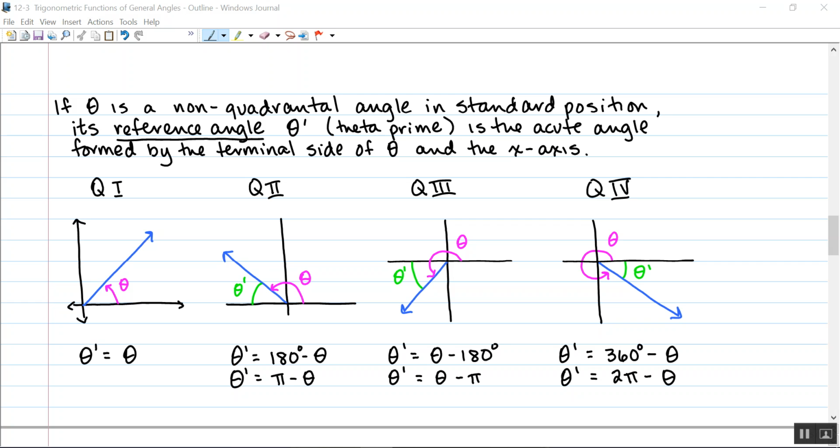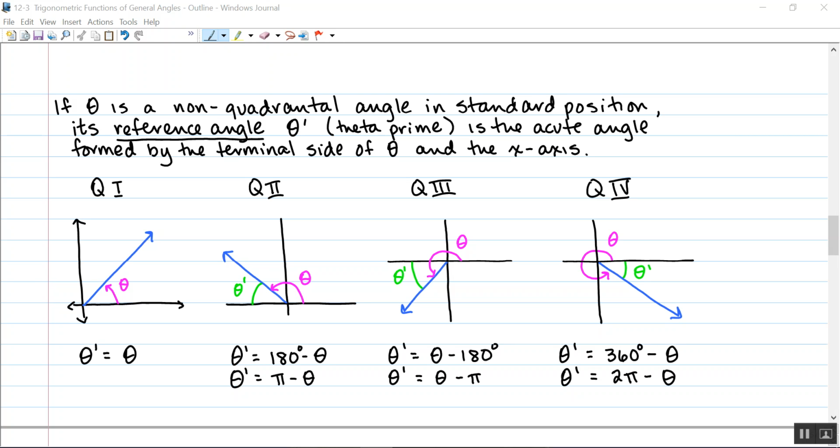And here in quadrant 3, I have my angle theta in pink, and my reference angle theta prime is this green angle right here, which is found by doing theta minus 180 degrees or theta minus pi. And in quadrant 4, my reference angle is right here, theta prime in green, which is 360 degrees minus theta, or 2 pi minus theta.